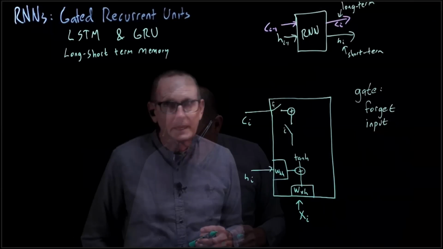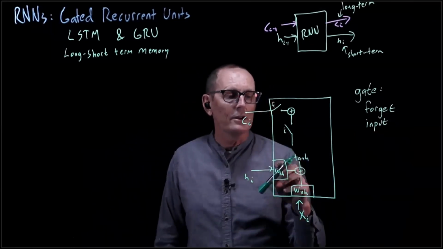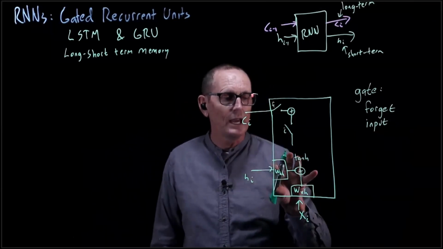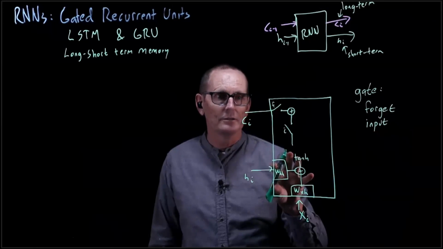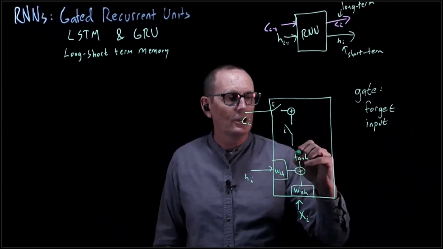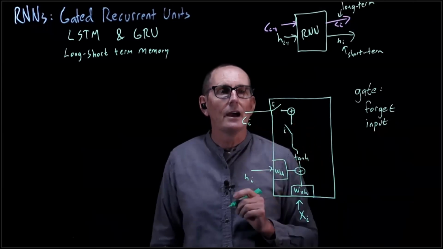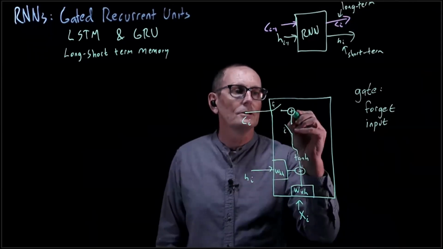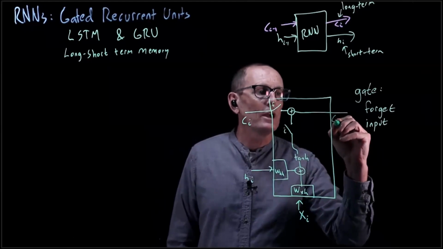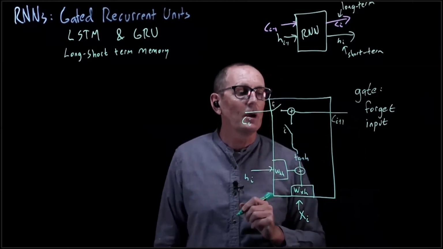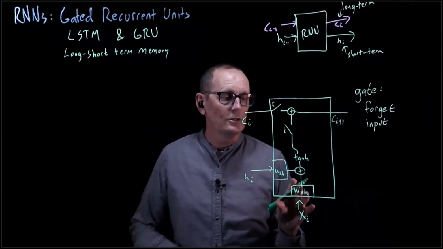So this controls whether this new calculation that we're doing here, how we used to calculate H, actually feeds in to calculating our new C. So this becomes our output, C sub I plus 1.